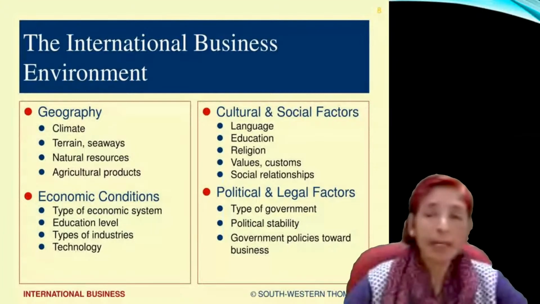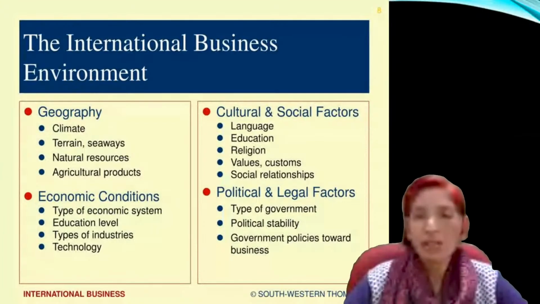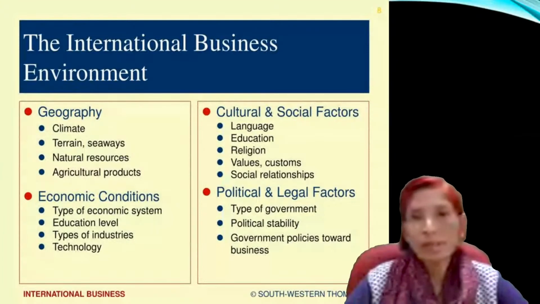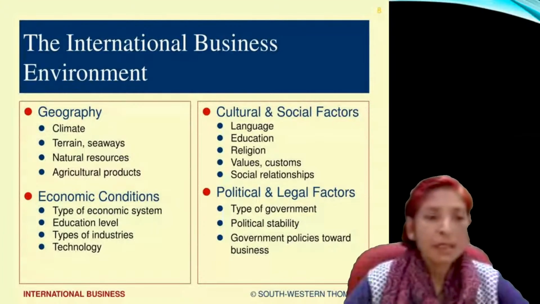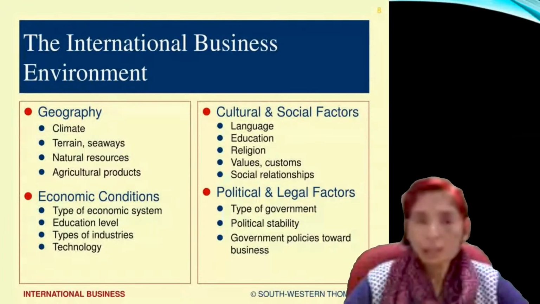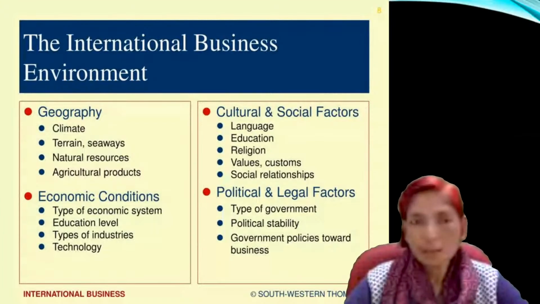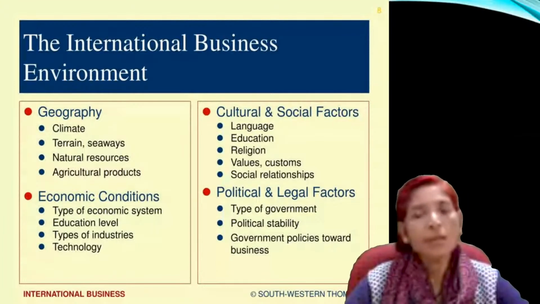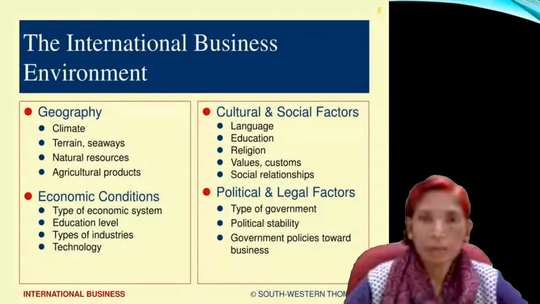In the geographical environment, we include climate, natural resources, agricultural products, terrain, seaways, etc. The economic environment includes types of economic system, of which there are three: capitalism, socialism, and mixed economy.